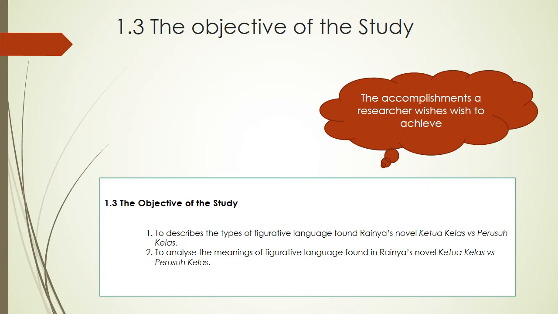Research objectives describe concisely what the research is trying to achieve. They summarize the accomplishment a researcher wishes to achieve through the project and provide direction to the study. A research objective must be achievable.